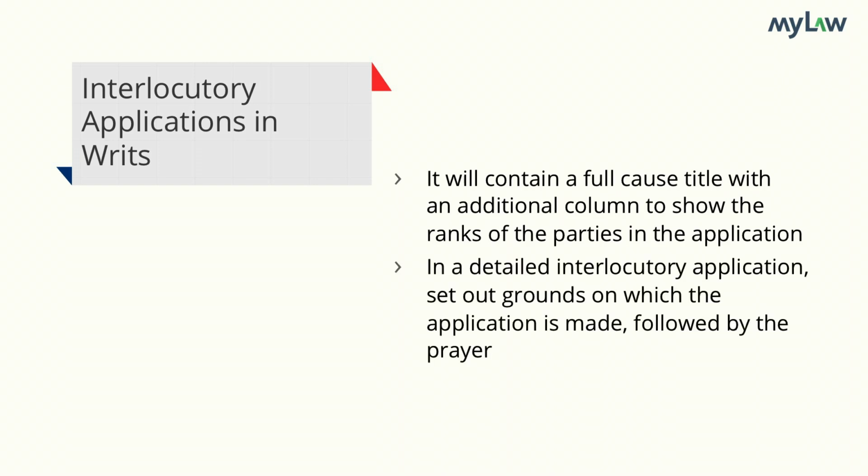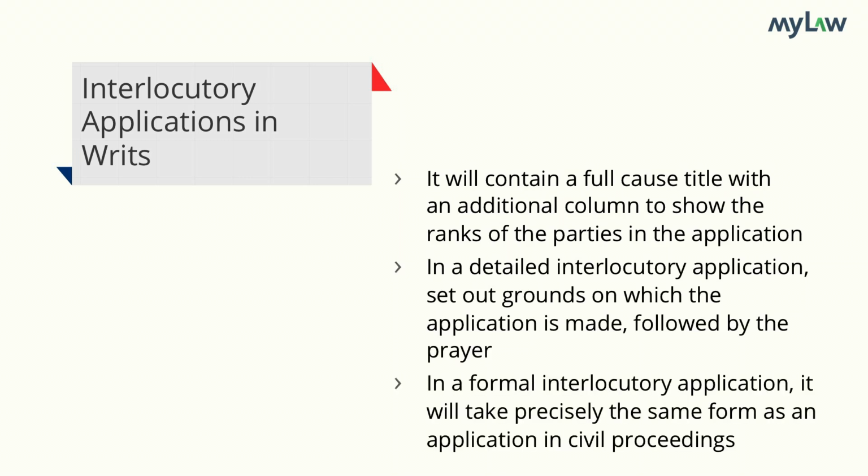Where the application is a detailed application, set out the grounds on which the application is made, followed by the prayer. Where it is a formal application, it will take precisely the same form as an application in civil proceedings. These affidavits will adhere to the rules that we have seen in Unit 4 on affidavits.